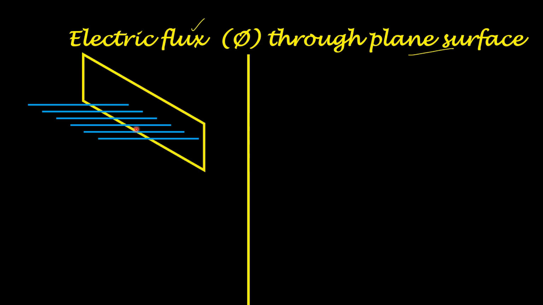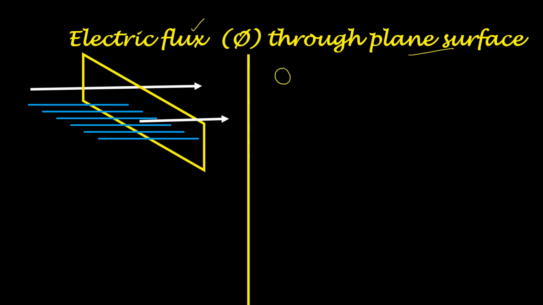Consider a plane surface in the electric field and perpendicular to the direction of the electric field. This is the direction of the electric field and this is the direction of the area vector. The area vector, as you know, is a perpendicular drawn to the surface. Electric field and area vector are parallel to each other.